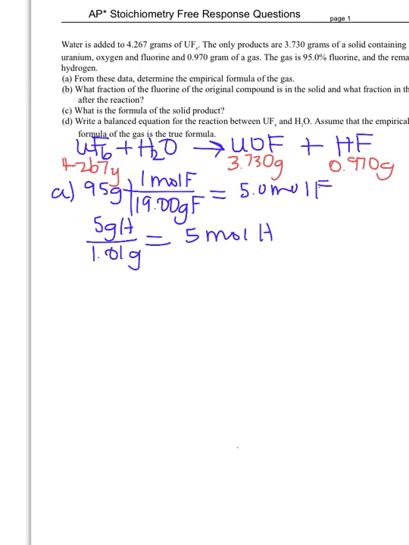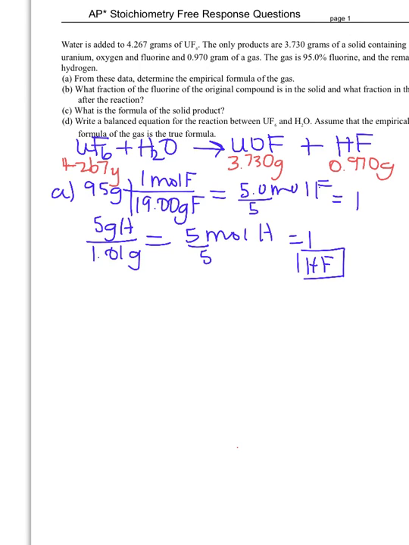Okay, so percent to mass, mass to mole, divide by small. Well, the smallest number of moles is 5, so it looks like it's a 1-to-1 ratio. I'm going to divide by small, divide by small. And this is a 1, and this is a 1. My numbers are whole, so I don't need to multiply. And my empirical formula is for every 1 hydrogen, I have a 1 fluorine.